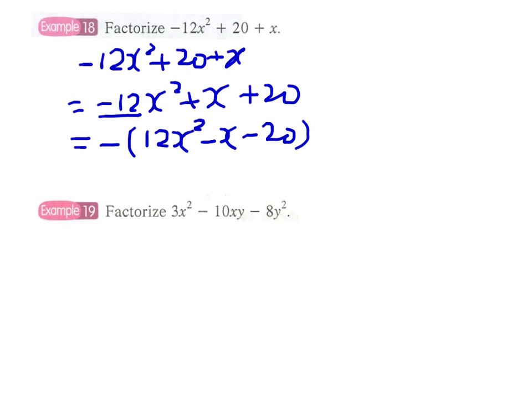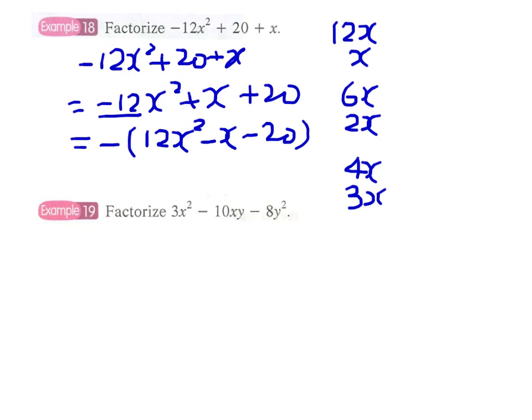And now we can list out the factors of 12x squared and minus 20. We can have 12x times x or 6x times 2x or 4x times 3x.